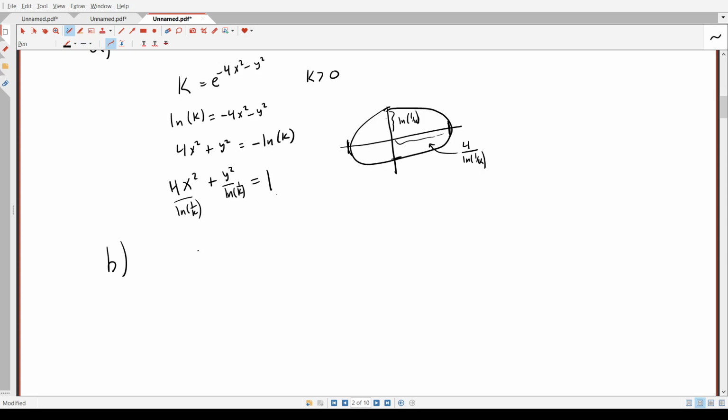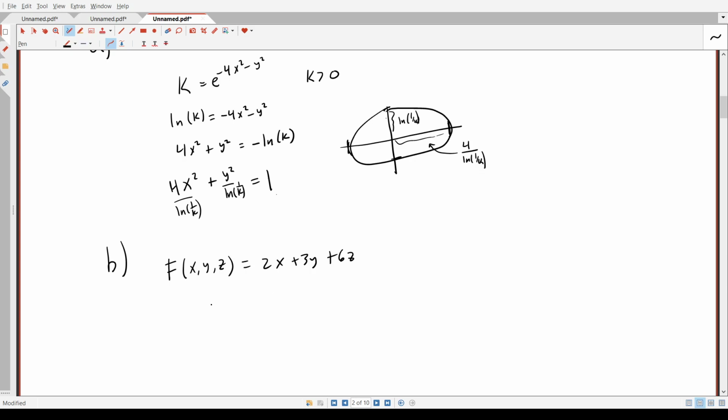We have f of x, y, z, 2x plus 3y plus 6z. Right, so this is a function, it spits out a scalar.